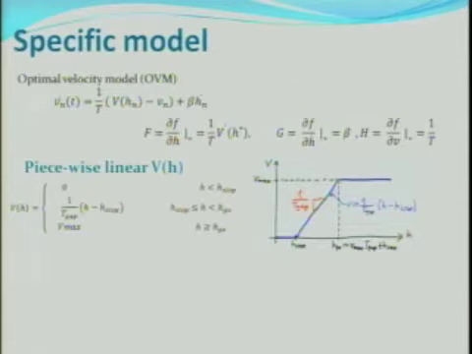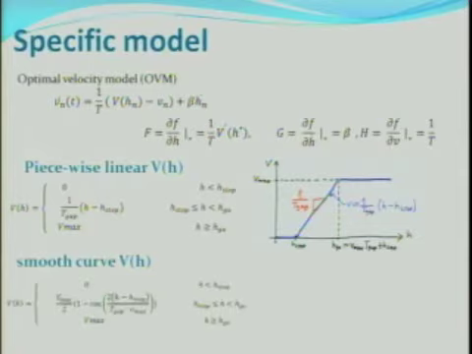In between, the driver tends to keep the time gap constant. There's a problem with this model, because near h stop and h go, there will be sudden changes in the equilibrium velocity. To avoid this, we simply apply a smooth sinusoidal curve to eliminate this.